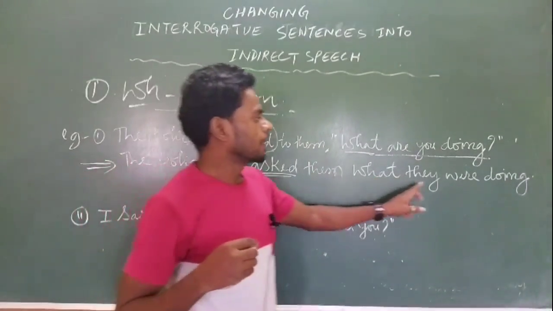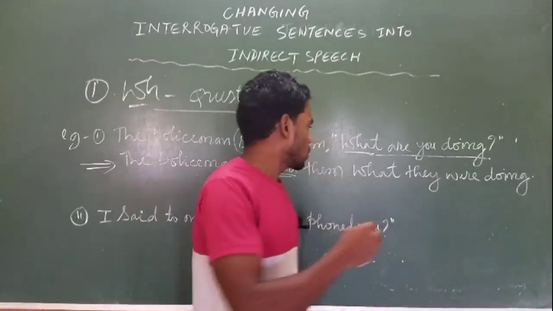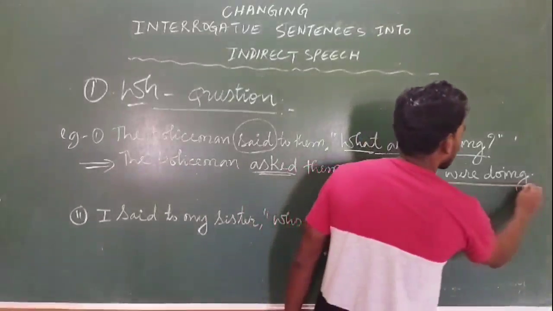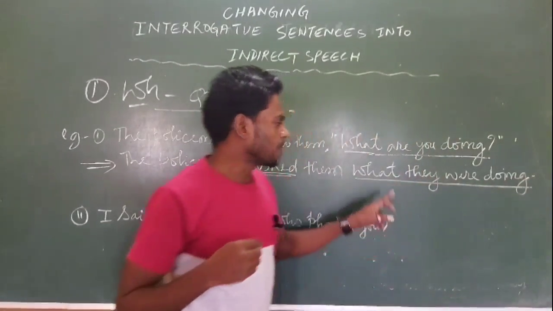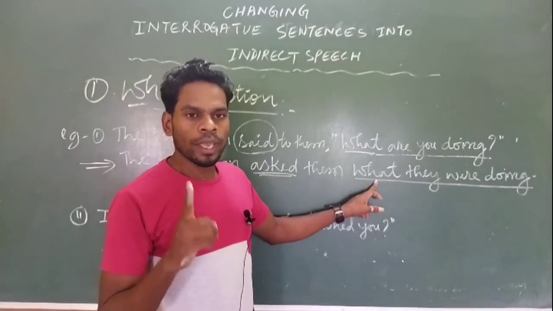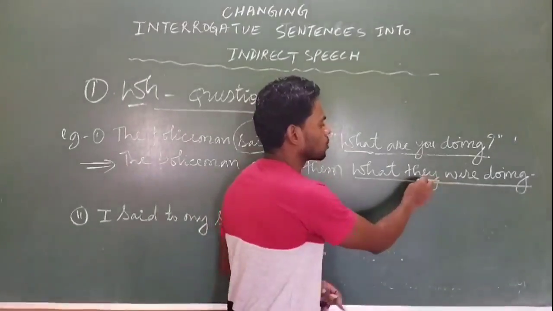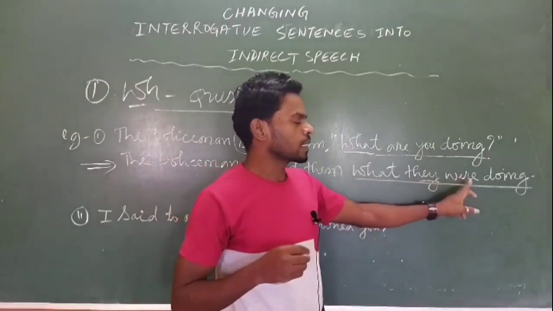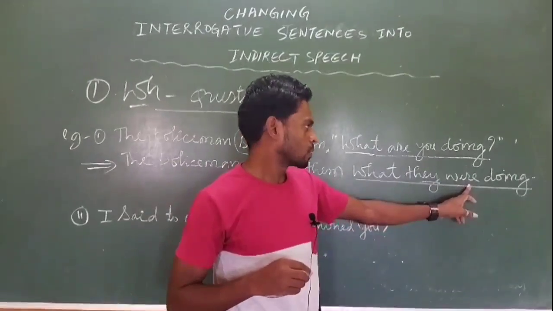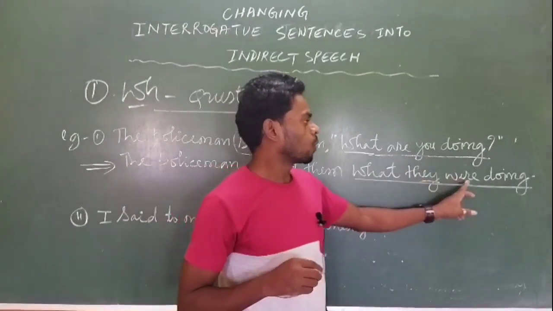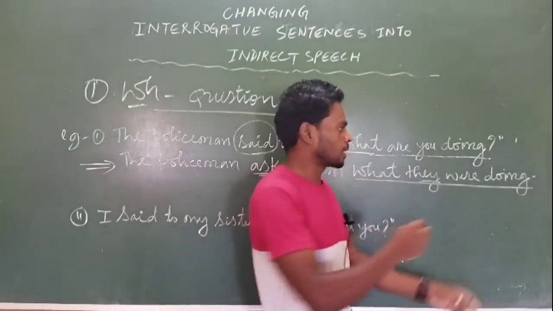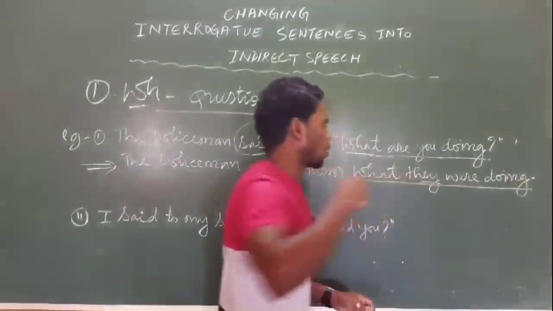Here, what they were doing is a statement. To make a statement, first the WH word should be there, then the subject, and after the subject the helping verb. So: what they were doing, and at the end a full stop.